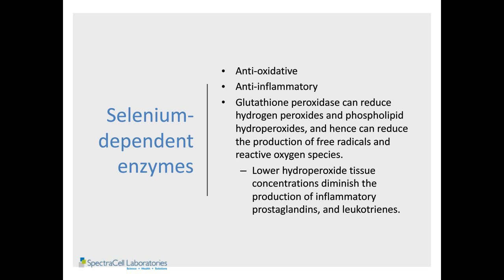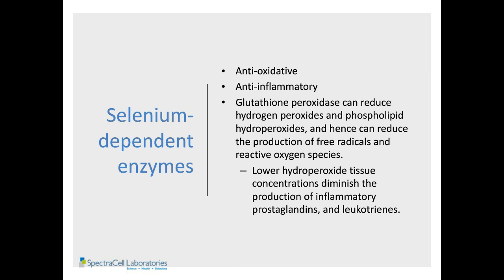And one of the things we have to keep in mind is that the lipid layer of our cells is highly affected by free radicals. So when we start to damage the lipid portion of the cell membrane, we are setting up inflammation. And this is why our antioxidants are so crucial.